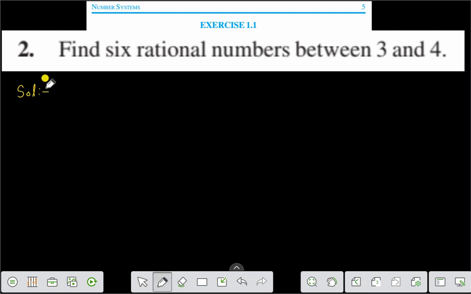Now here you see, 3 can be written as 3 by 1, and 4 can be written as 4 by 1.